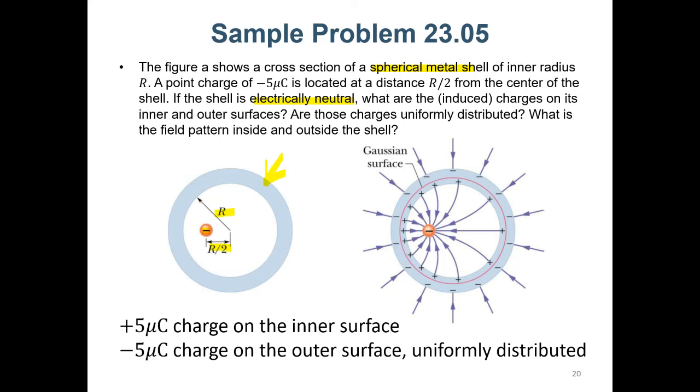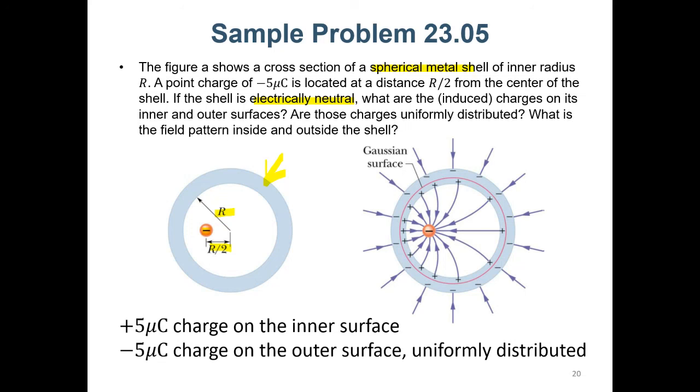So if we have a Gaussian surface inside this sphere, the net flux should be 0 because there is no E field in the conductor. When you add all the zeros together, it will be 0. If the net flux is 0, according to Gauss's law, the charge enclosed by this Gaussian surface should also be 0.